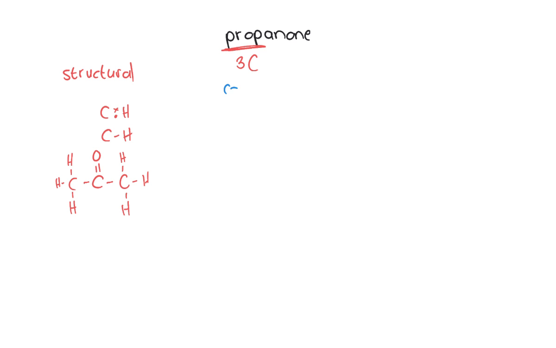Now the condensed structural formula, like the name says, it's condensed. So it's a shorter way of writing the structural formula. We omit the bonds, but we still show which atoms are bonded to which atoms.